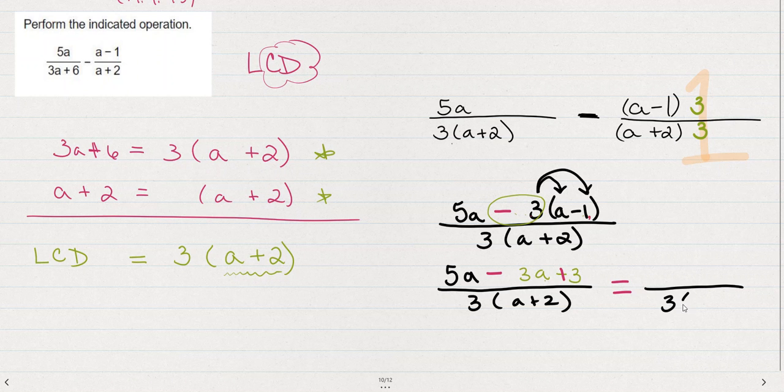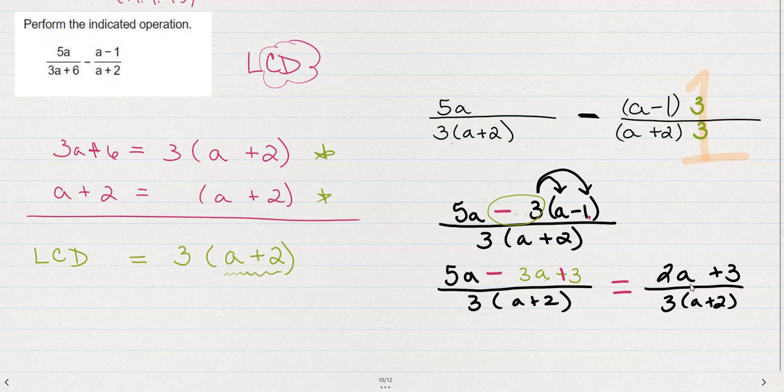Now for the easier part, we're going to take the 5a minus 3a is 2a, so combine like terms, plus 3, and that's it. Now you might be tempted to say, oh, but there's an a over an a. Can't I reduce that? No, we're not going to reduce that because we can only reduce when there's a factor.